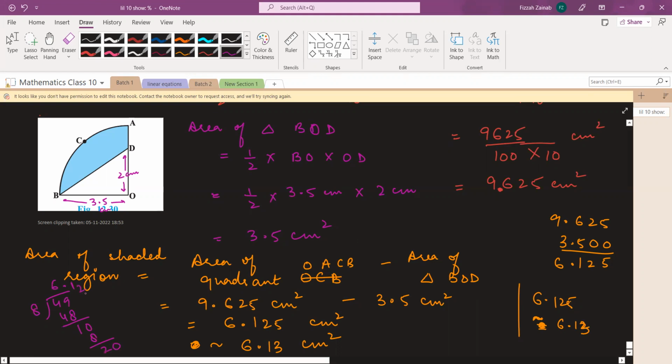So 8 into 2 is 16, right? And then you get 4 here, that becomes 40. So 8 into 5. So exactly, you are getting 6.125. You can leave it as 6.125, or you can round off to 2 places of decimal. I think you can leave the answer as it is, 6.125, because you have exactly got it, right?